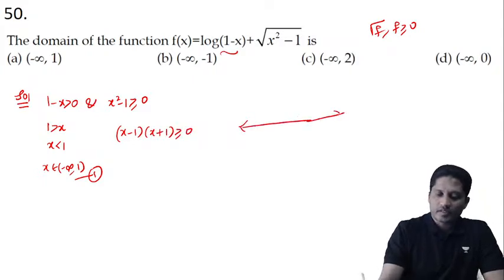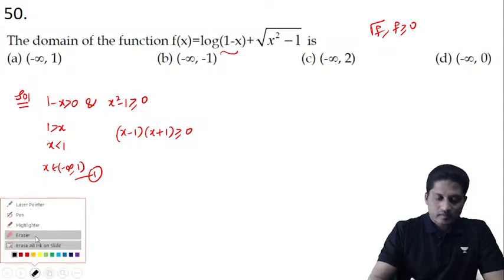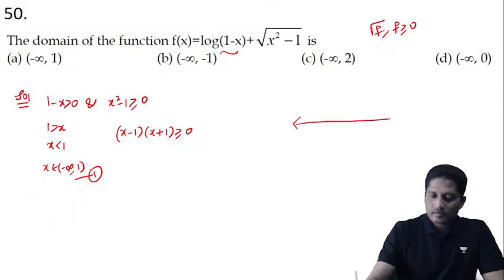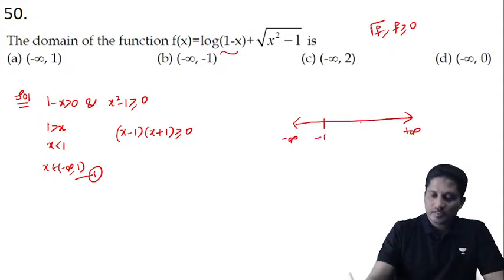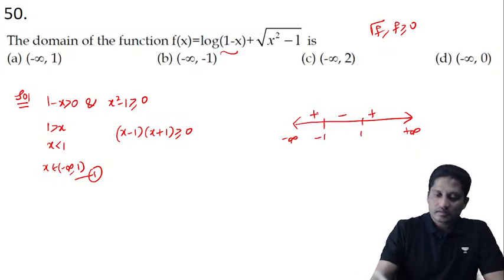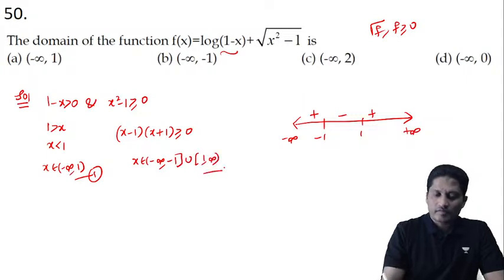Minus infinity to plus infinity. Fix the roots in increasing order. First you get minus 1, then you get plus 1. This is plus, minus and plus. x belongs to minus infinity to minus 1, union with 1 to infinity. Call this equation 2.